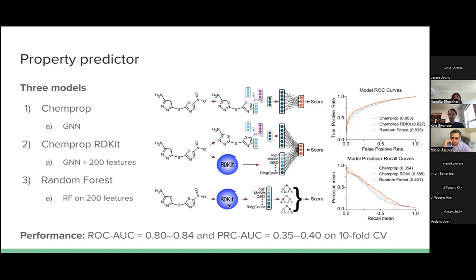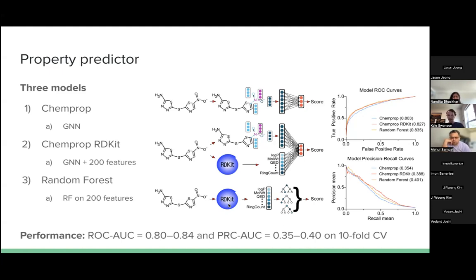And so what we found is that when we ran our generative model with these 3 different property predictors as the guide, it led to pretty different looking molecules. But interestingly, all of them were equally successful. All 3 methods led us to effective antibiotics, but structurally different antibiotics. So an interesting takeaway is that it's not always about getting the most accurate model. Sometimes having different architectures is useful just for the purpose of chemical diversity.